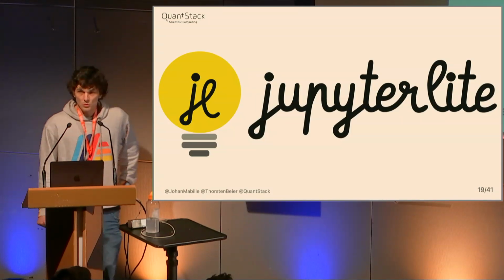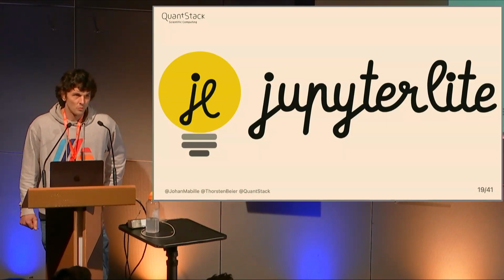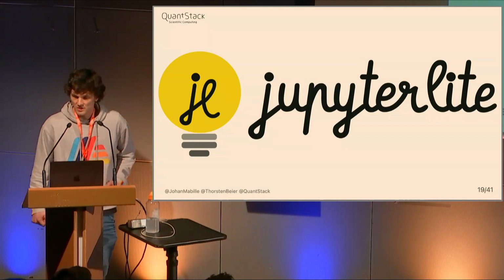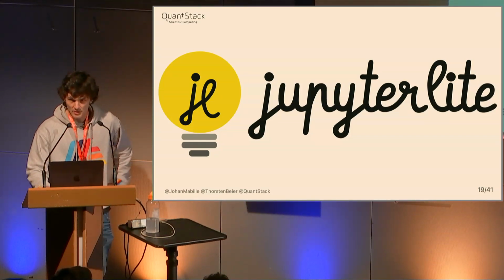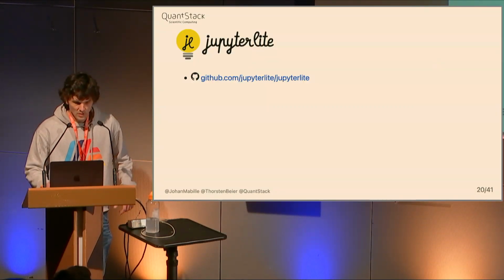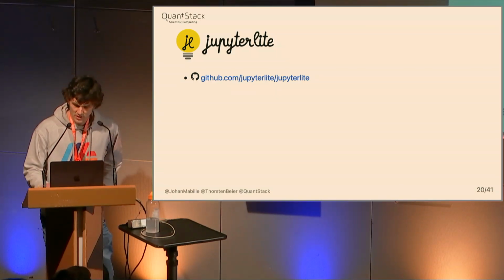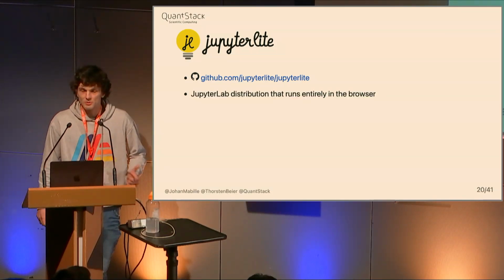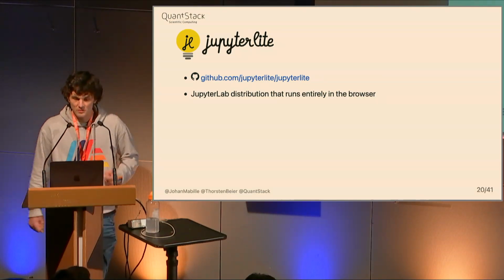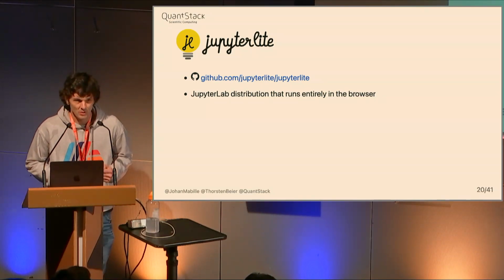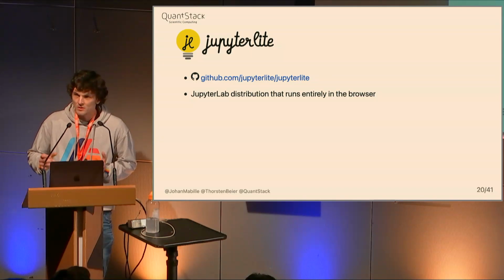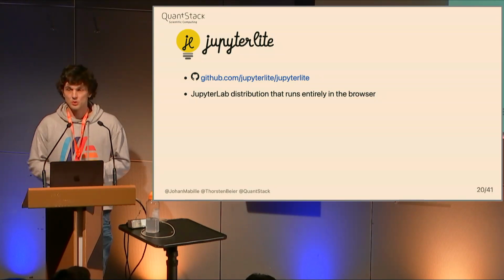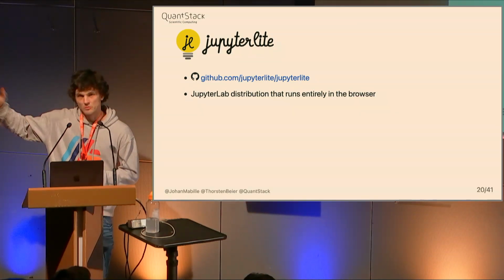Which brings me to JupyterLite. You probably heard about this yesterday from Jeremy, but I'll recap a bit what JupyterLite is. First, you can find it on GitHub, of course. JupyterLite is a JupyterLab distribution that runs entirely in the browser. What does this mean? The code you execute in JupyterLite is not running on some server somewhere.